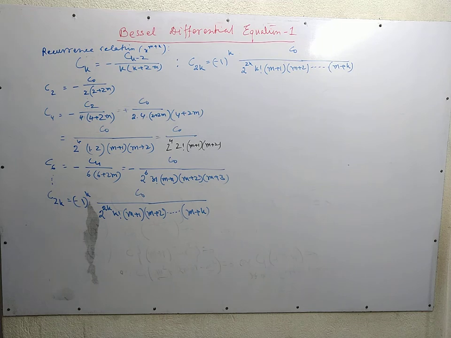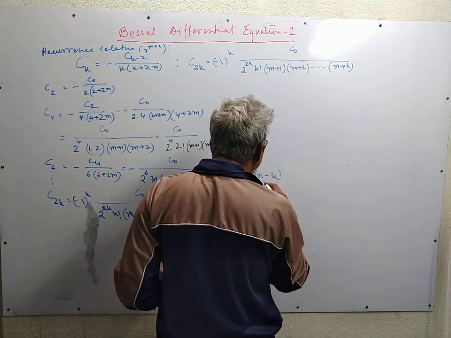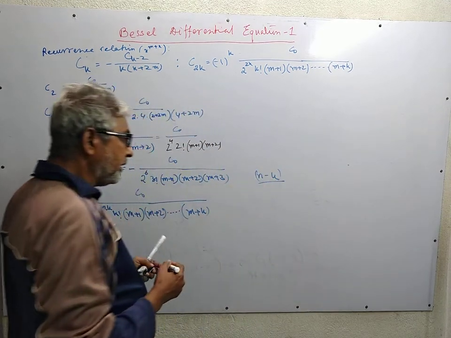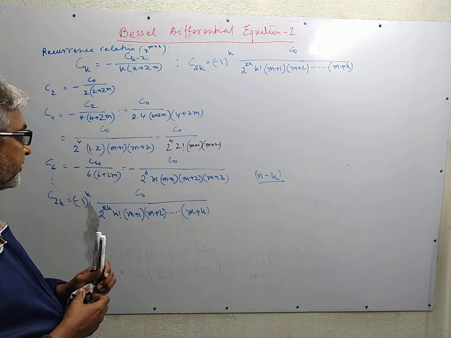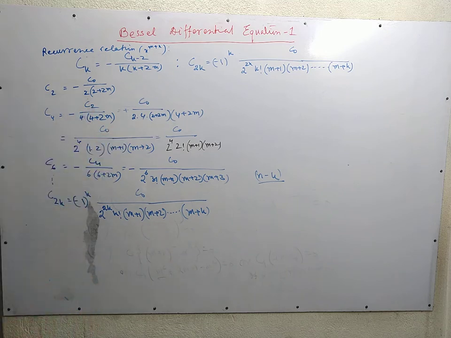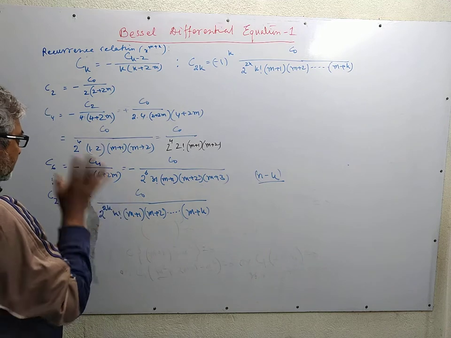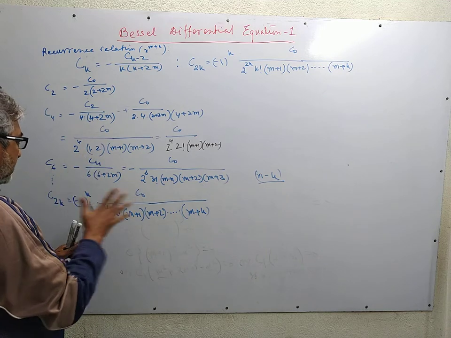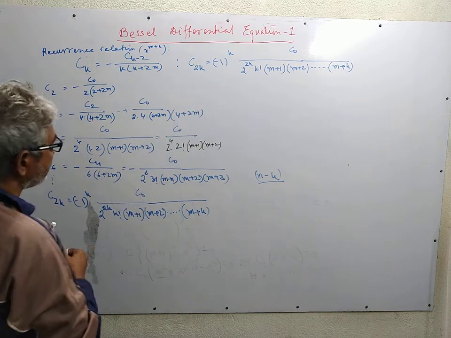Now we see that there is nothing in the numerator to truncate the series. If we had a term like n minus k, then for a particular value of k this term may become 0, which makes the higher order terms 0. But in the case of the Bessel differential equation, there is nothing in the numerator which can make it 0. The only possibility was c0 to be 0, which is not possible in the Frobenius-Fuchs method.